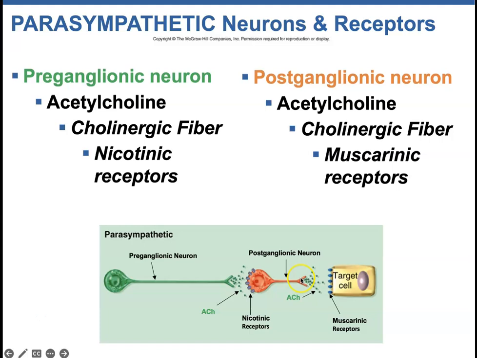The postganglionic neuron, also a cholinergic fiber because it secretes acetylcholine, is then going to target the organ to cause a parasympathetic response, but the receptors here are called muscarinic receptors.